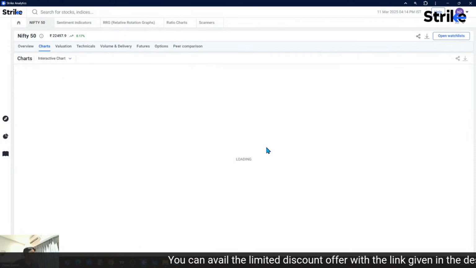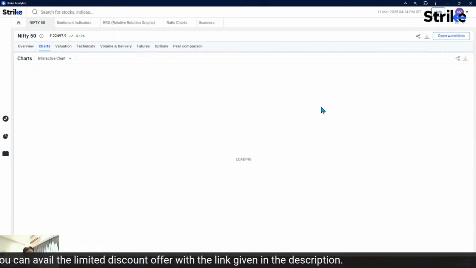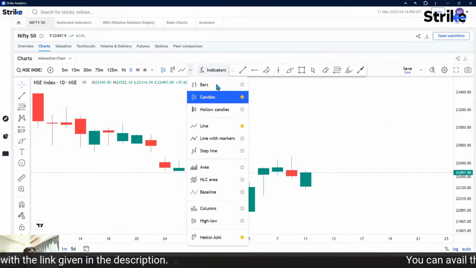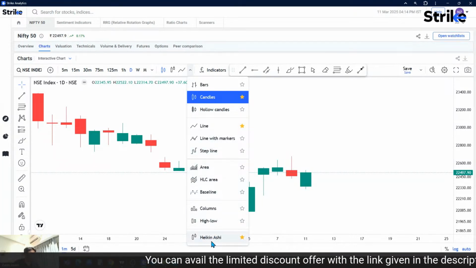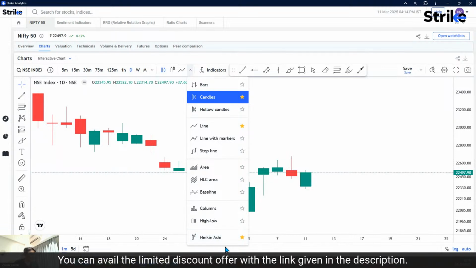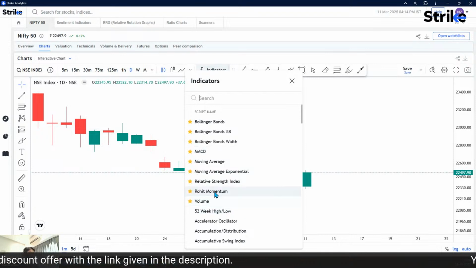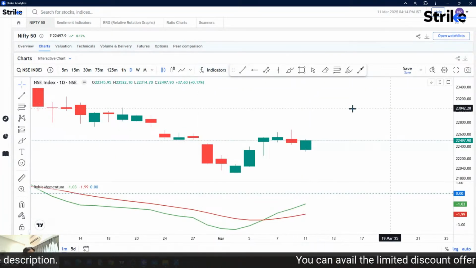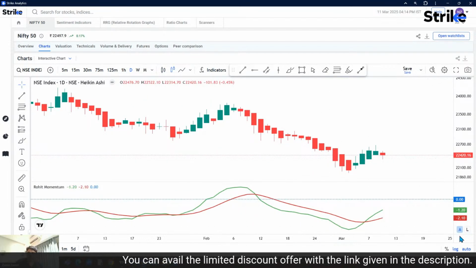So you can go to the interactive chart. We don't have Renko charts over here. We have something called Heikin Ashi chart, which I generally use. And you can definitely use Rohit momentum indicator on the Heikin Ashi type of candles as well.